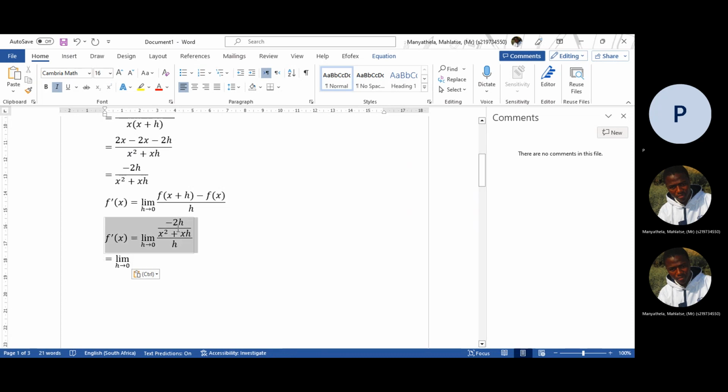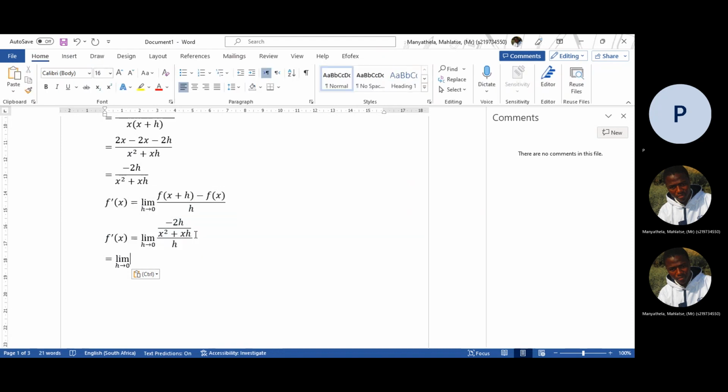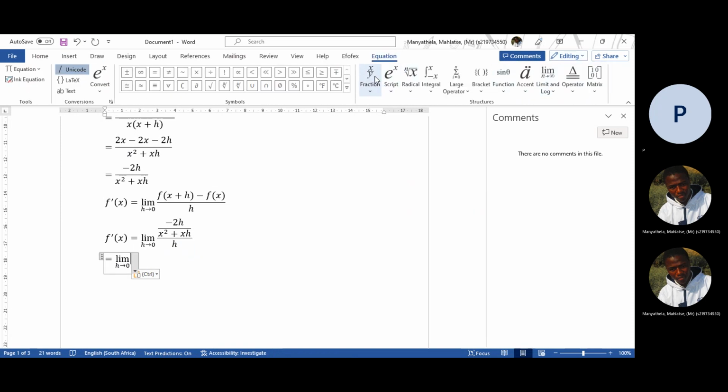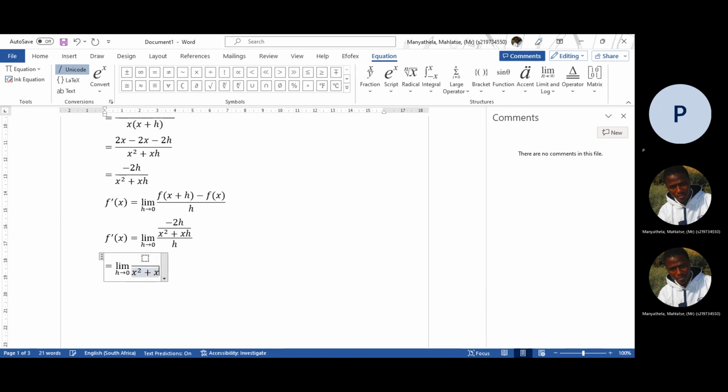So it will be the limit of negative 2h over x squared plus xh, divided by h.